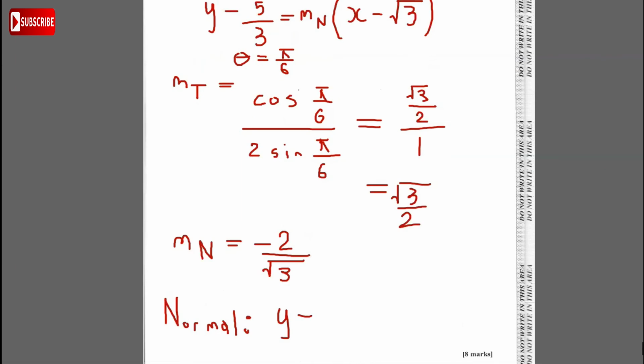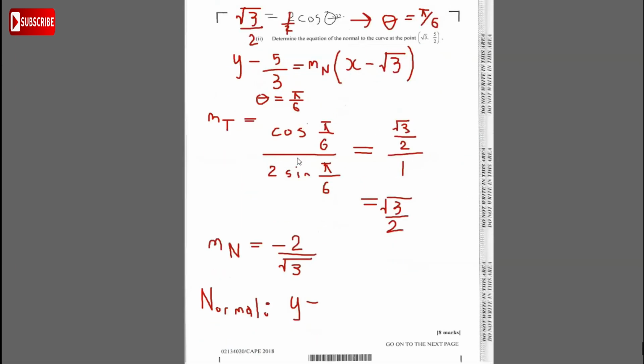What was the y value? The y value was 5 over 2. So it's y minus 5 over 2, that's equal to the gradient of the normal, which is minus 2 over root 3, into x minus root 3.